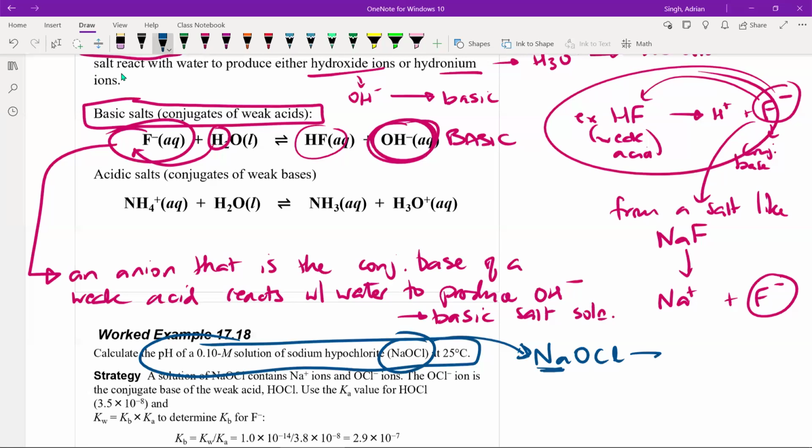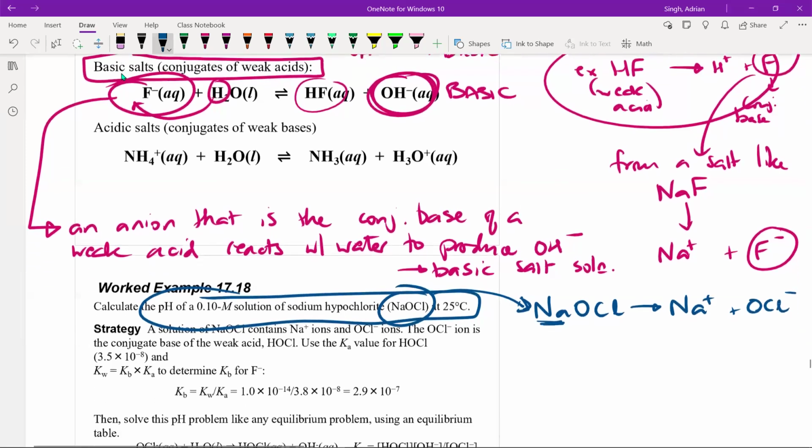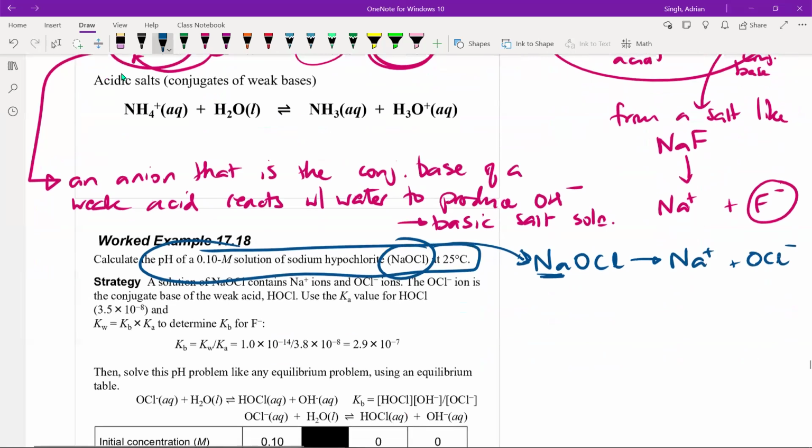In solution, this will form the Na plus and the OCl minus, the hypochlorite ion. And this is the conjugate base of the weak acid, which is HOCl.